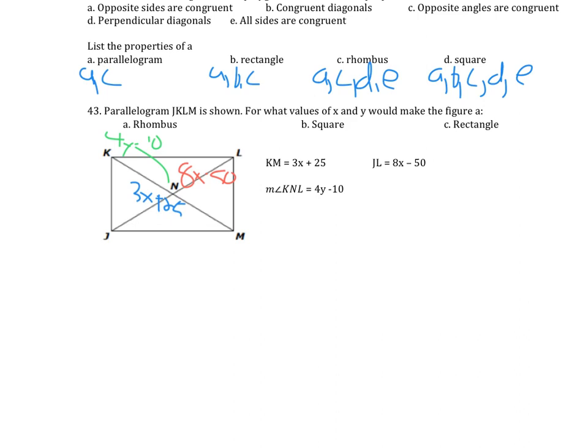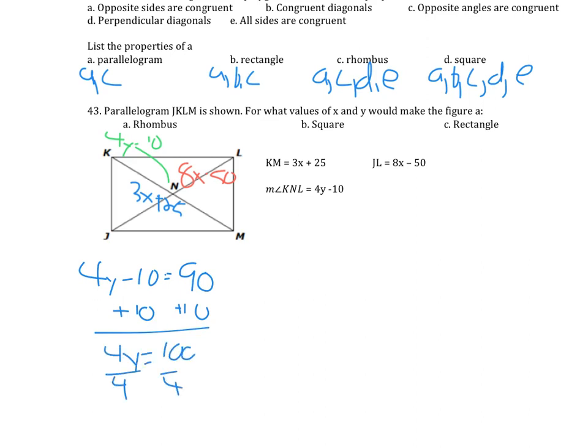For a rhombus, we know that the interior angle of our diagonals is perpendicular, so that has to be equal to 90. So we add 10, divide by 4, and y equals 25. So for a rhombus, y would have to equal 25.